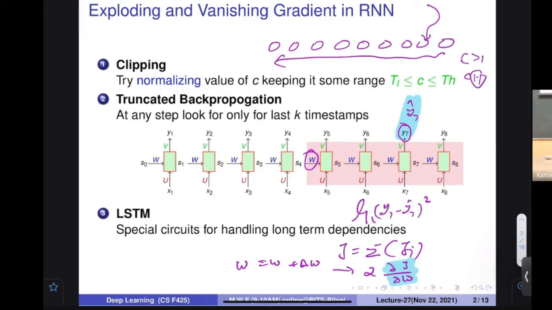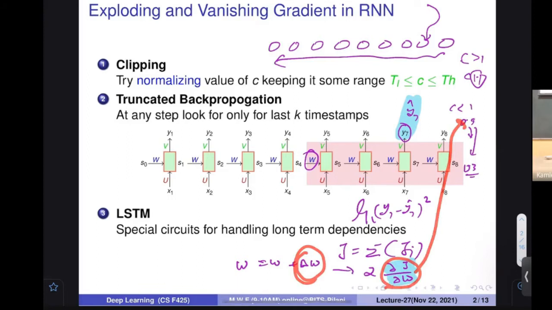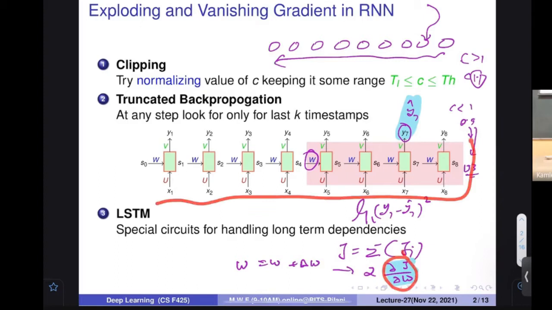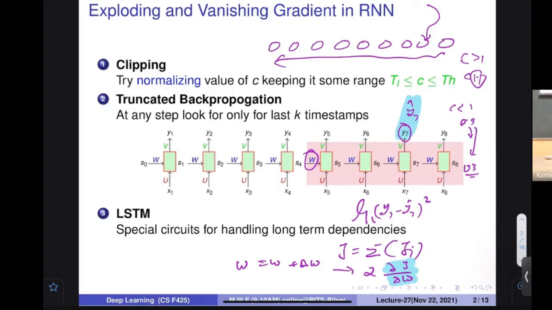In the same way, if this value is less than 1, for example 0.9, the overall value becomes 0.3 after 10 multiplications. It is a very bad effect that happens with the gradient. Since it is a multiplication of all these things, the value becomes very small if you consider long sequences. Therefore training suffers, and you are not able to train.